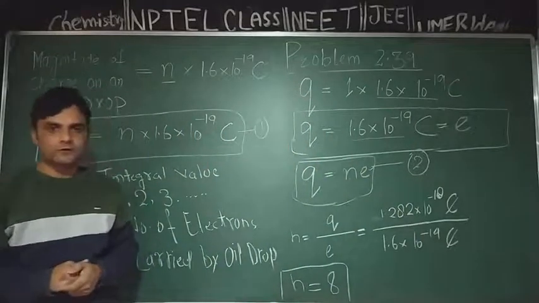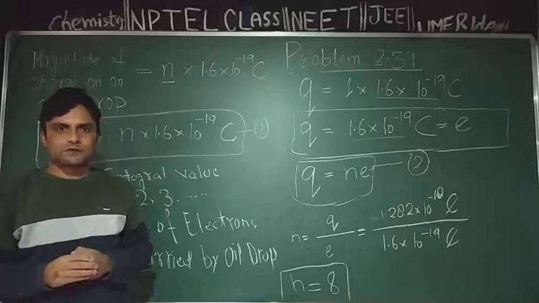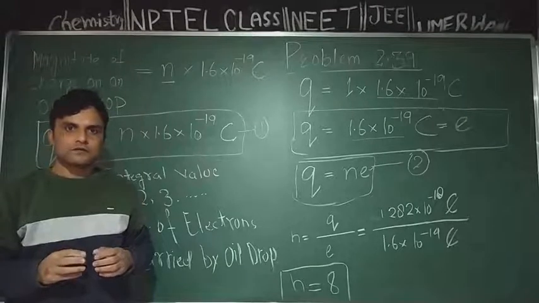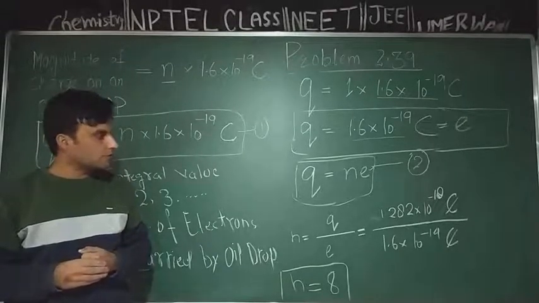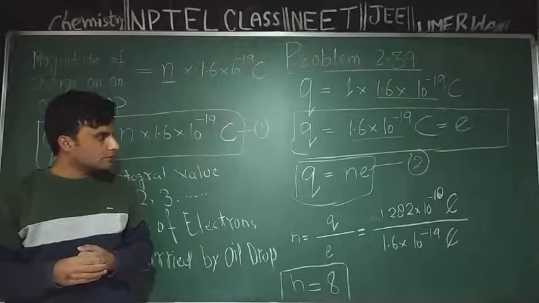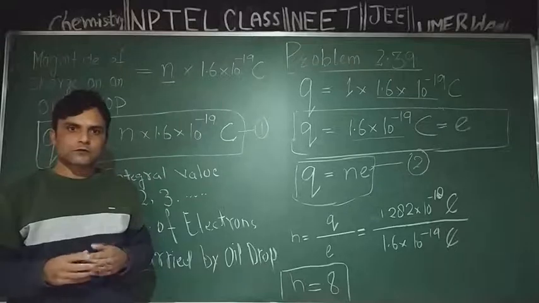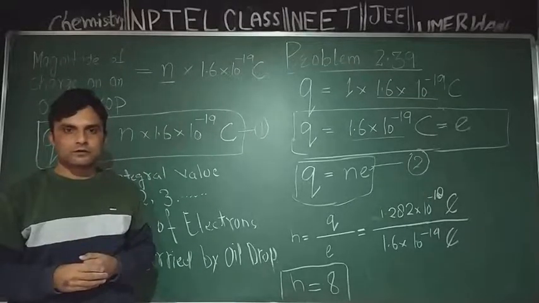Let me sum up the problem. The problem was based on the concept of Millikan's oil drop experiment. It was given that the static electric charge on the oil drop was measured equal to minus 1.282 into 10 raised to power minus 18 coulombs. Now we need to calculate the number of electrons present on the oil drop.